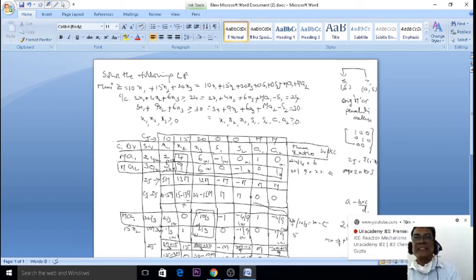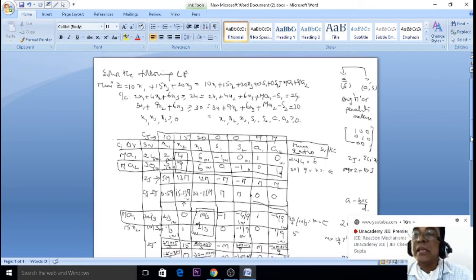The simplex table is constant. Only the number of columns sometimes increases or decreases, depending upon the given question. Don't confuse it. This is the basic concept of the given problem.